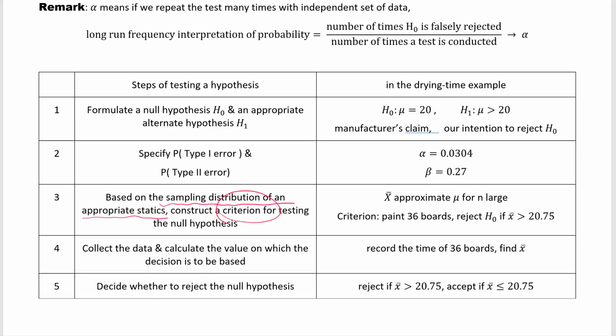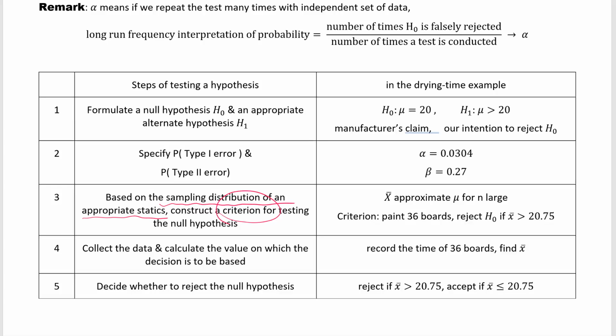In our drying time example, the criterion was given: we reject the claim if the sample mean is greater than 20.75. But in the rest of the chapter, we are going to determine the criterion.